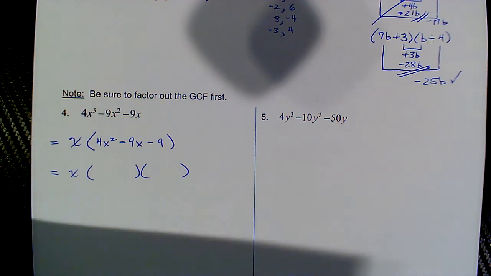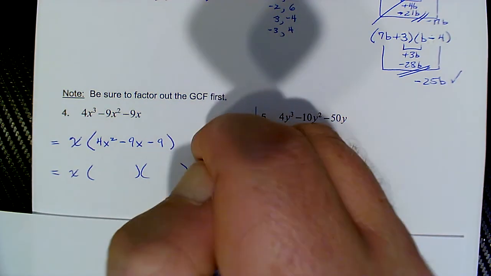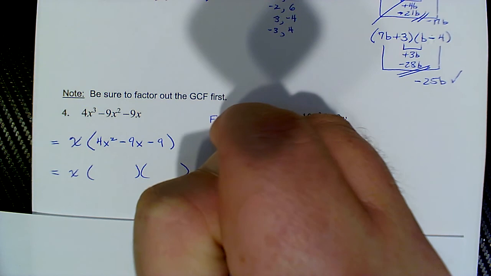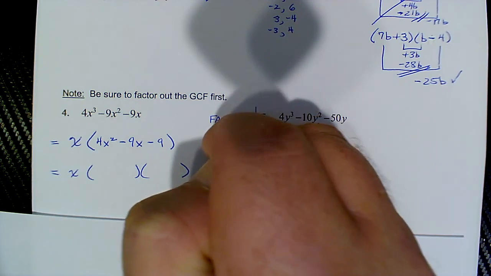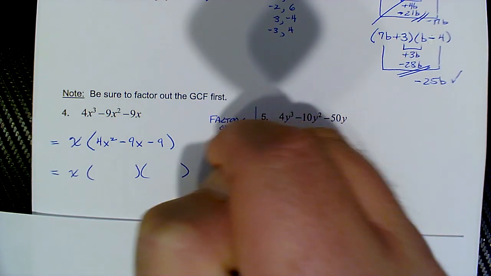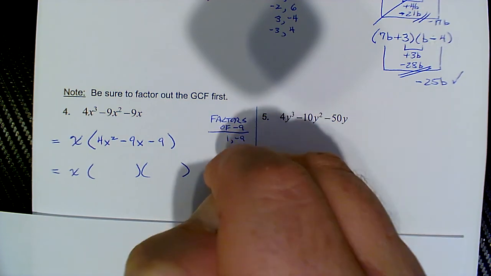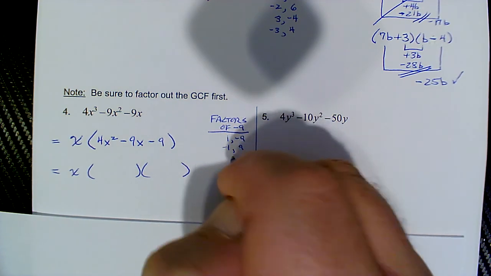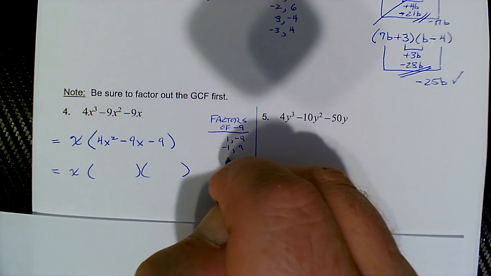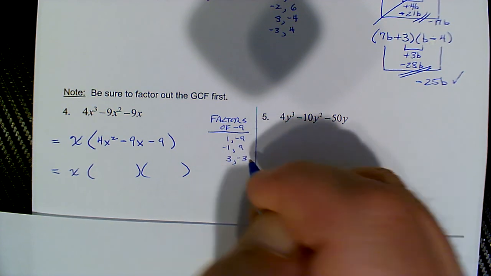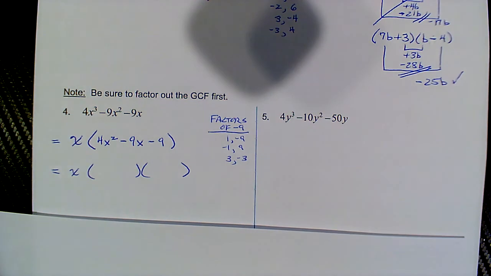Could be a bunch of possibilities because I'm looking at factors of negative 9, this constant term. So 1 negative 9, negative 1 9, and 3 and 3. So 3 negative 3, vice versa. So at least there's only two things to try.